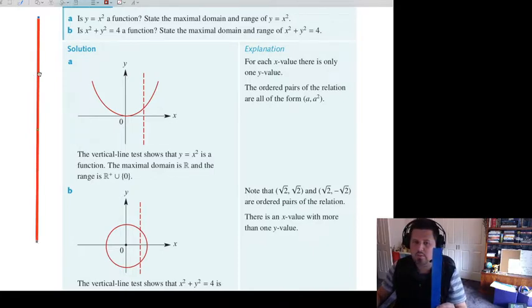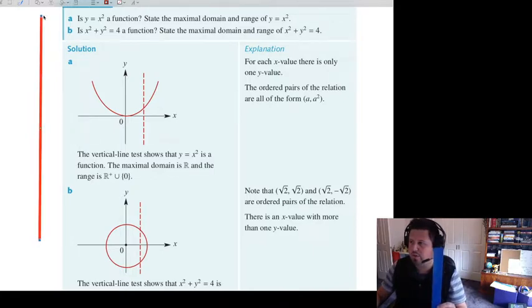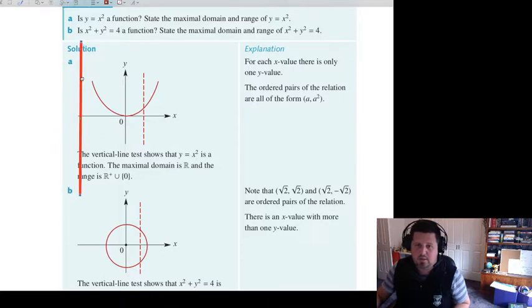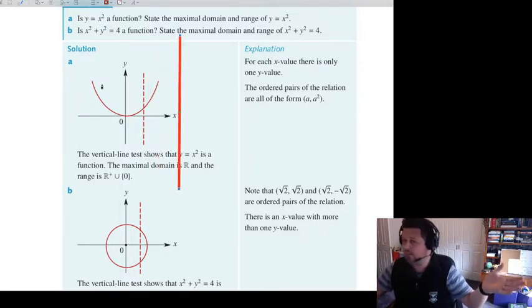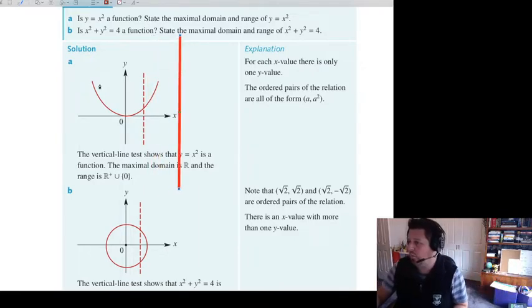I'm going to move my vertical line left to right, and if this is a function, it's only going to cut the graph once at any particular point. As I'm going along, it's only cutting once at any particular point. It's a function because it only cut the line once. Tick. It wasn't more than one spot passing through the vertical line as we went through.